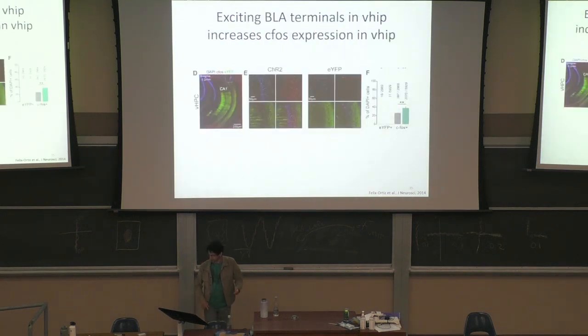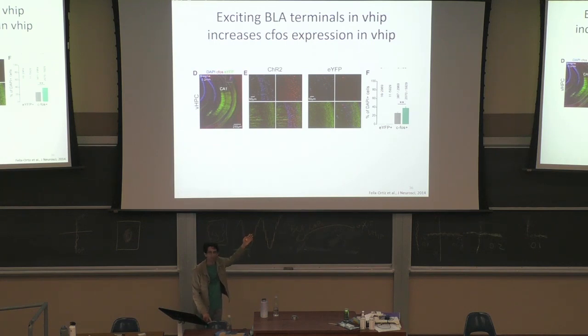And they also did some studies to show that if you excite those terminals of the amygdala to ventral hippocampus, that might release glutamate there, as they showed, and that glutamate release would be expected to excite those cells in the ventral hippocampus. And one measure of recent neuronal excitation is the production of this gene called CFOS.